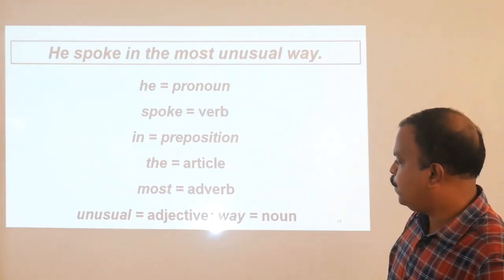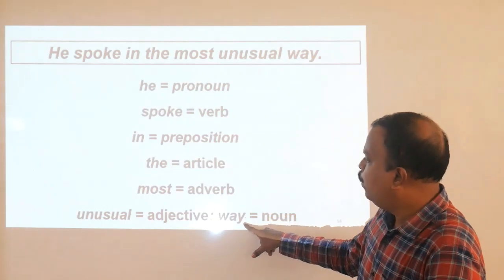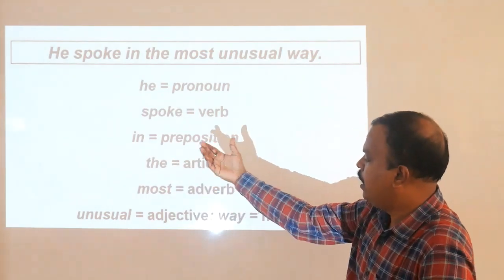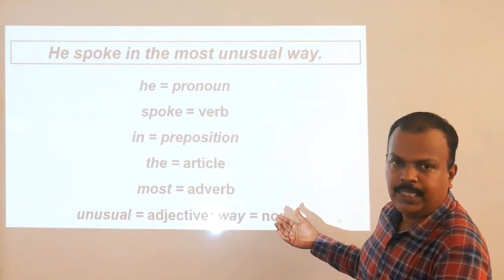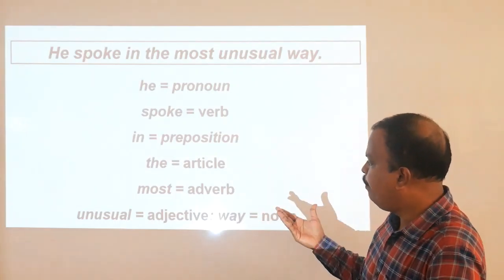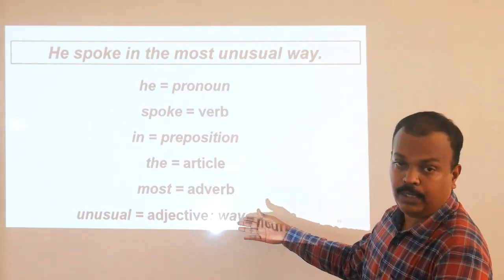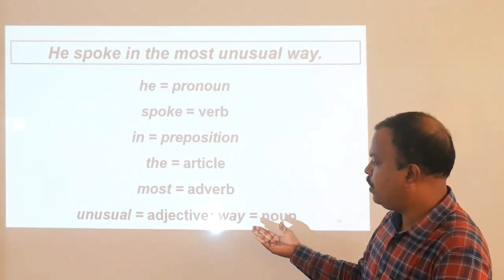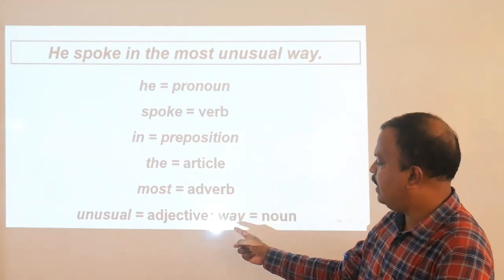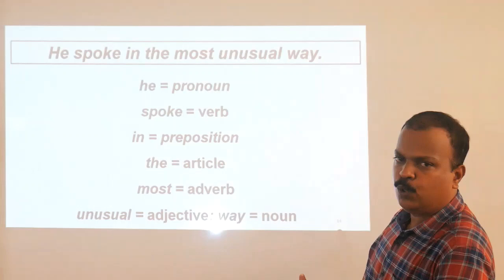The is there because we're talking about way, the noun, and for this noun we have the, most, and unusual, all connected to this word, which is way. Unusual is an adjective, it's talking about way. What kind of way? Unusual way.